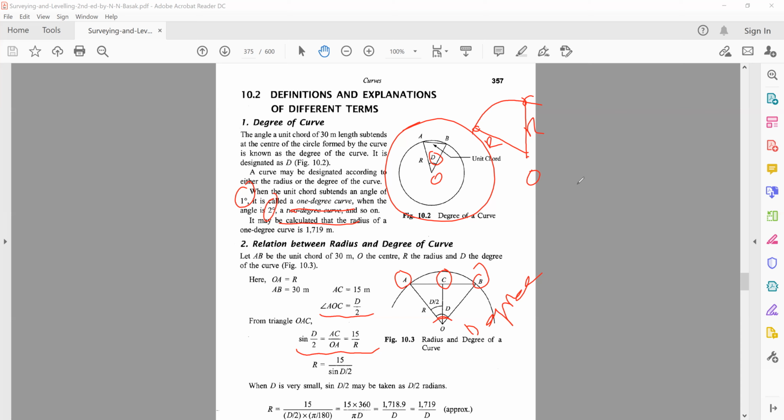So if you remove the sine and if you take the angle now in radians, so you multiply it by pi by 180 in the denominator and readjust, you get radius is equal to 1719 over d, where d is the degree of the curve. So this becomes a relation between the radius of a circle and the degree of a curve. This is a relation that we would be frequently using afterwards as well.